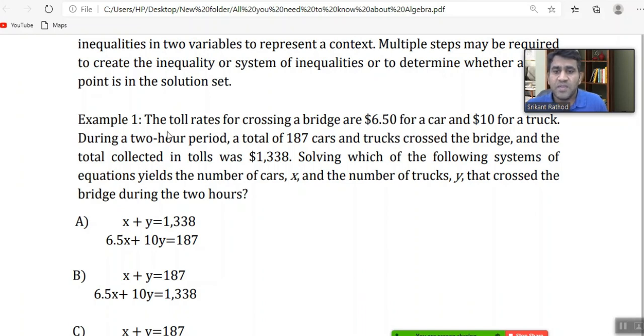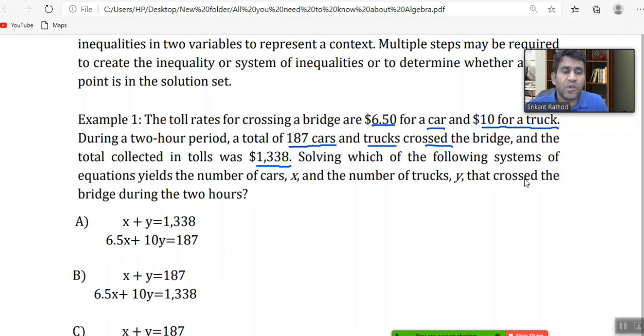The example here says the toll rates for crossing a bridge are $6.50 for a car and $10 for a truck. During a 2-hour period, a total of 187 cars and trucks crossed the bridge, and the total collected in tolls was $1,338.